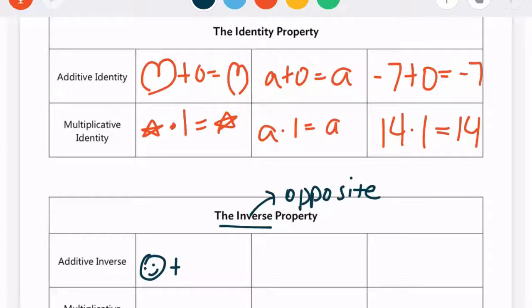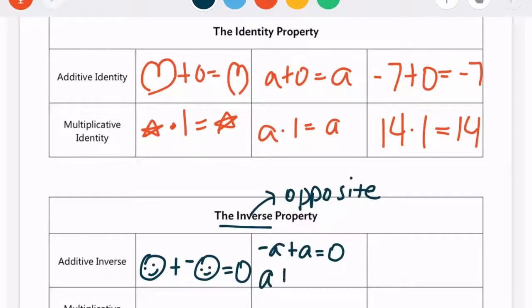Well, you're probably saying to yourself a frowny face, but for this purpose, let's put a negative smiley face. That would just be 0. If you have a happy person and a non-happy person, they would cancel each other out and it would just be 0. If we have negative a, well, the opposite or the inverse of negative a would be a.